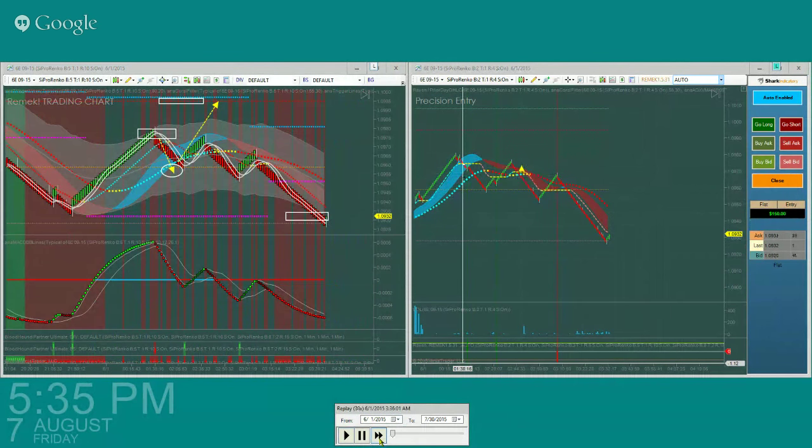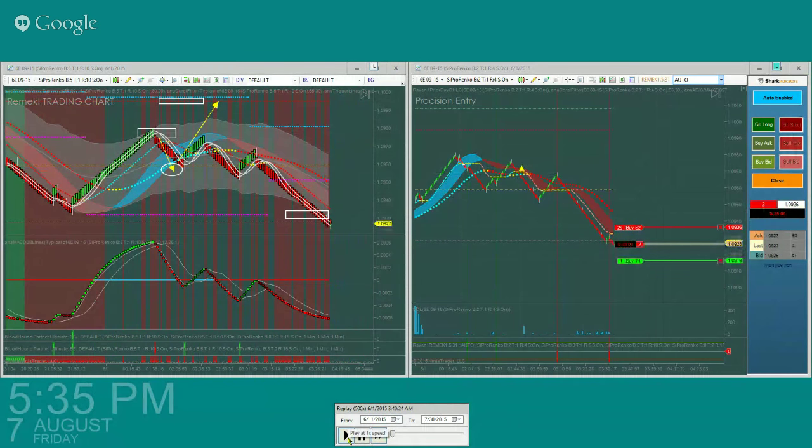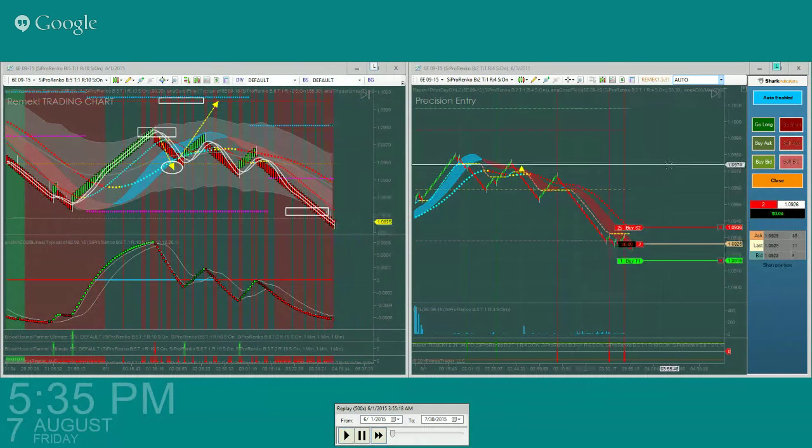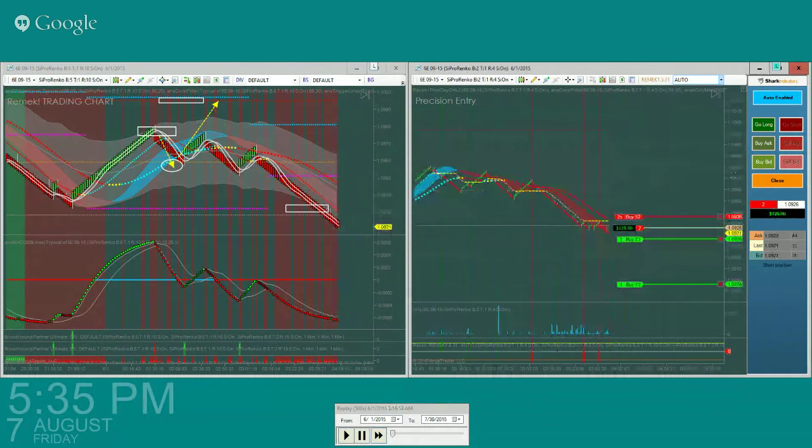Okay, let's see one more example and then close this off. So we have another short, and then that trade was not going anywhere. Oh, here's another short. Maybe this will work. Or maybe not.